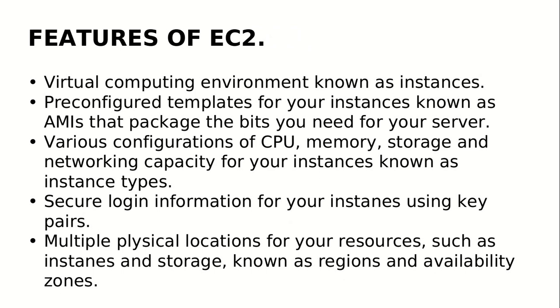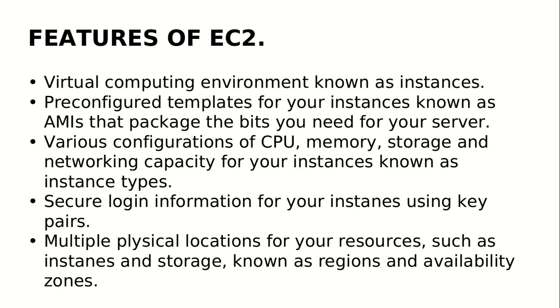Now let's look at some of the features of your EC2. So your virtual computing environments are known as your instances. So all the virtual machines that you're going to launch are known as your instances. It also gives you pre-configured templates for your instances known as AMIs that package the bits you need for your server.